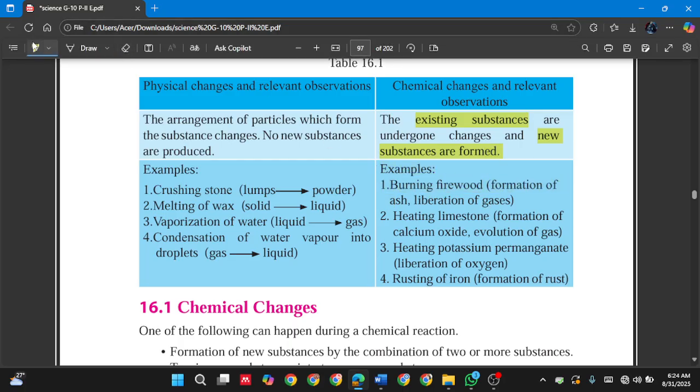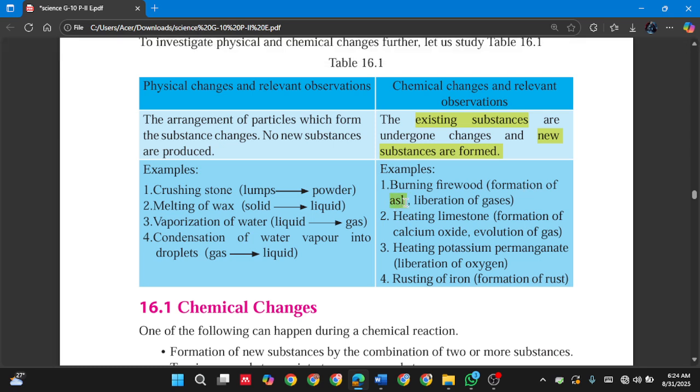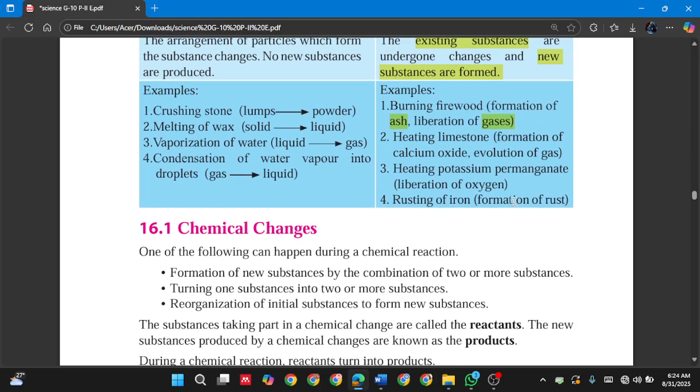Then heating limestone, formation of calcium oxide and evolution of gas happen. After that we cannot obtain limestone.